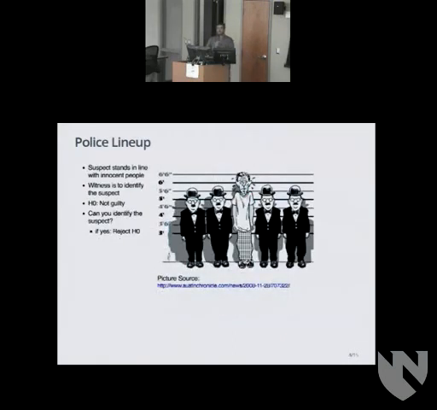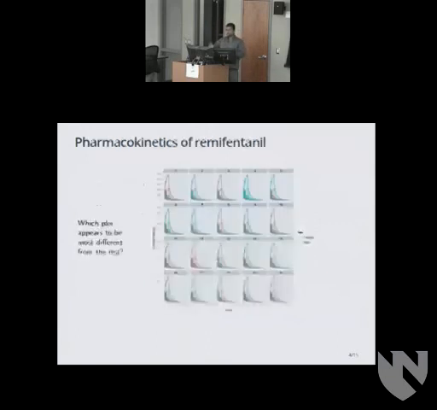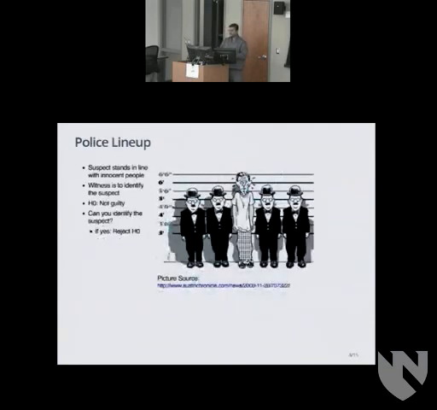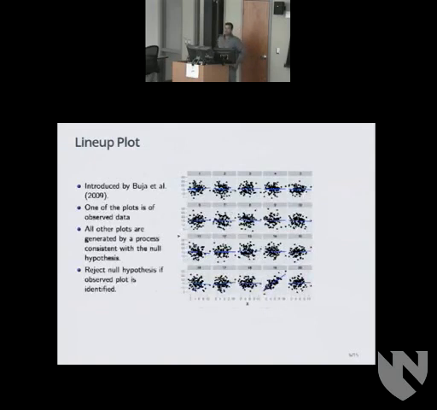Okay, so based on that police lineup, this kind of plot we call a lineup plot. So what does a lineup plot mean? It is a collection of plots. One of the plots is the observed plot that comes from our observed data, and the remaining plots are generated based on the hypothesis that the null hypothesis is true.